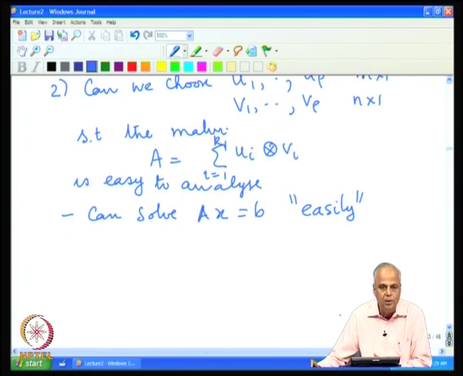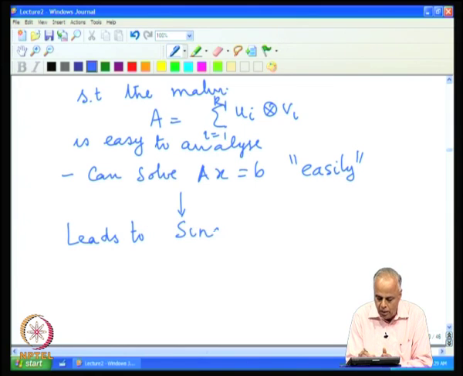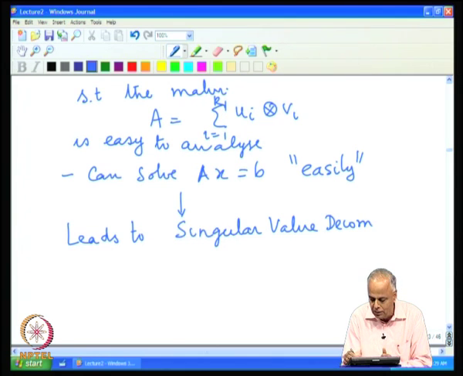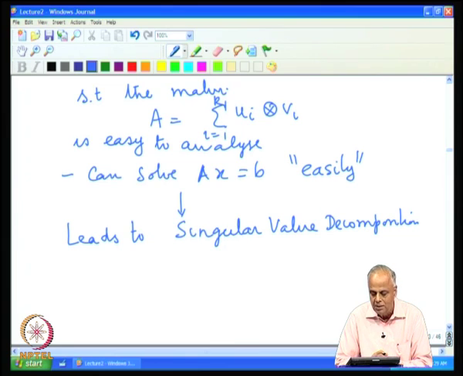Now, an answer to this question will again lead to what is known as the singular value decomposition. We have already seen a singular value decomposition earlier. There we were trying to express the matrix as the product of matrices. Here we are trying to express the matrix A as the sum of matrices.